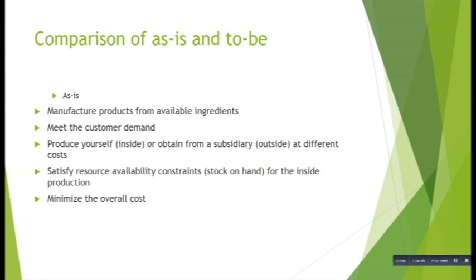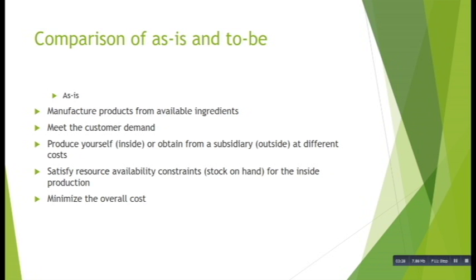Next, let's compare the original model and my project. In the original model in the IBM, it gives us the manufactured products from available ingredients.